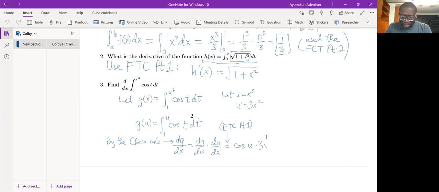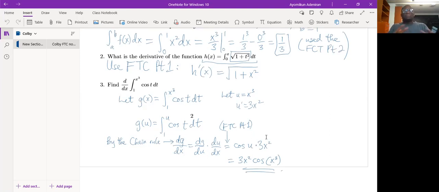So we multiply that, 3x squared. And now we can just finish up. Our u is x cubed. So this is 3x squared cosine of x cubed. And we're done. So here we have used both the chain rule and the FTC part 1.